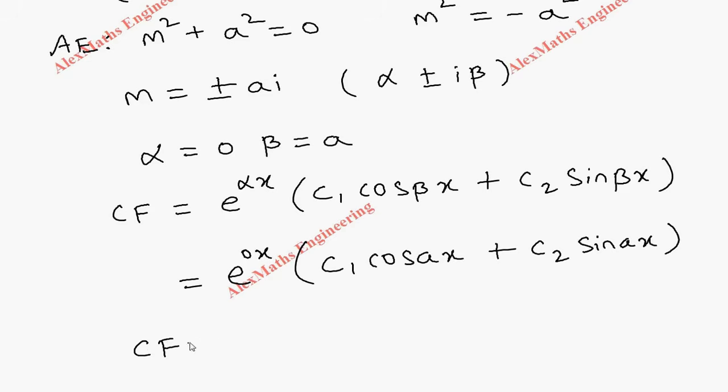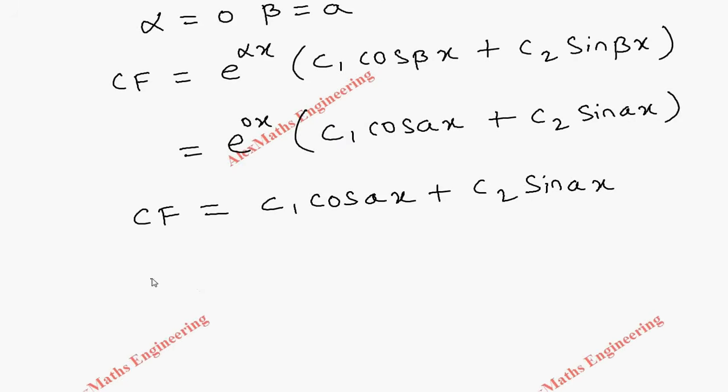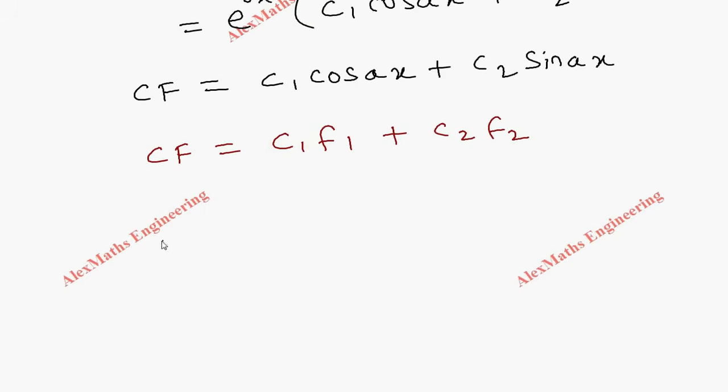So the complementary function is, anyway the first term is 1, so we have c1 cos ax plus c2 sin ax. This we can compare with the general form of the complementary function c1 f1 plus c2 f2. So from this it is clear that f1 is nothing but cos ax and f2 is nothing but sin ax.